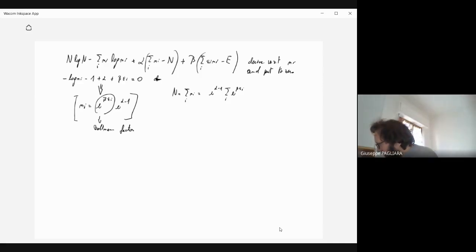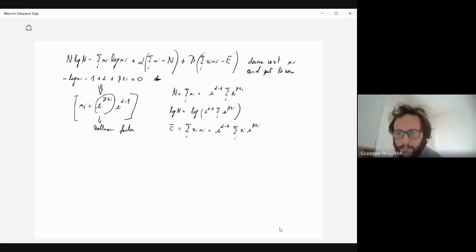Let me also write the log of n, which will be useful in a moment: the log of e to the alpha minus 1 times the sum over i of e to the beta epsilon i. And then I have the constraint on the energy: the energy is the sum of epsilon i Ni, which is the exponential of alpha minus 1 times the sum of epsilon i e to the beta epsilon i.